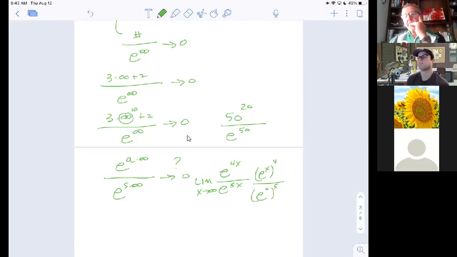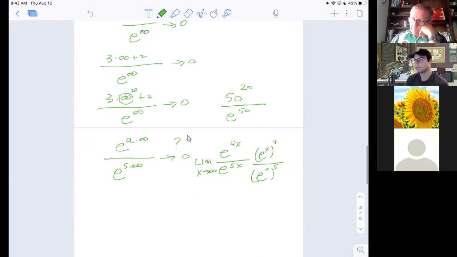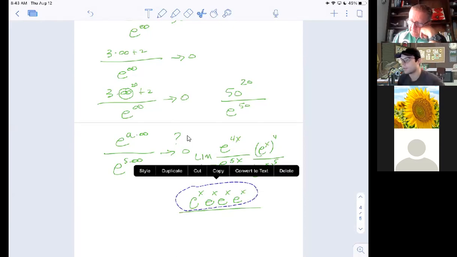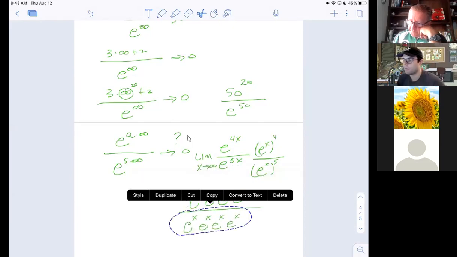Now, what do you think that goes to? Do you see that as any different? Do you understand that e to the x to the 4th is really just this? Again, I like to write stuff in stupidly simple forms because that stuff isn't that complicated.